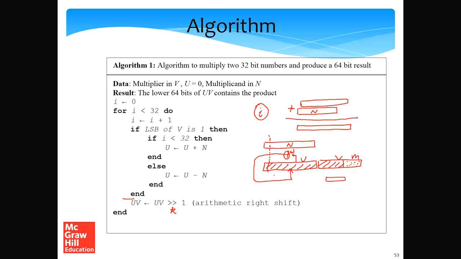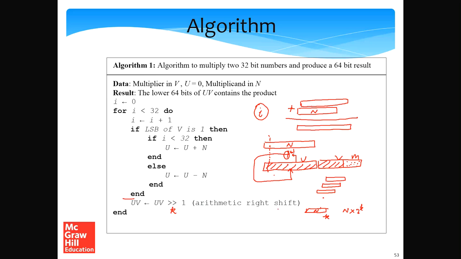So let's consider the partial sums in a regular multiplication. Consider the kth partial sum. Essentially this partial sum is either 0 or it is the multiplicand multiplied by 2 to the power k, because it is shifted k places to the left.